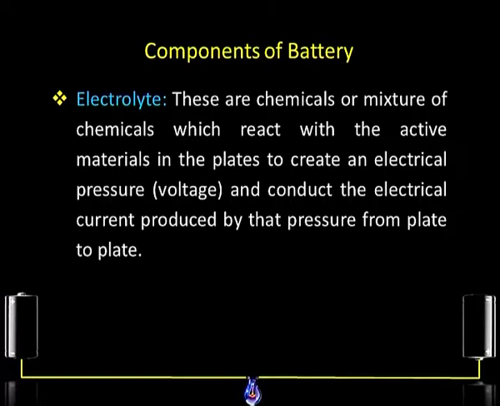These are chemicals or mixtures of chemicals which react with the active materials in the plates to create an electrical pressure, or we can say voltage, and conduct the electrical current. This electrolytic solution can be any solvent, or we can say water mixed with salts, acids or alkalis, mainly to impart conductive current.